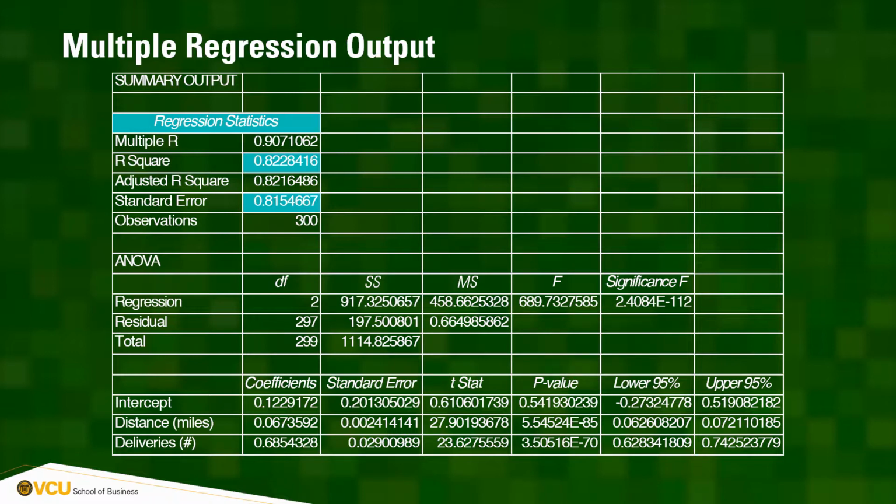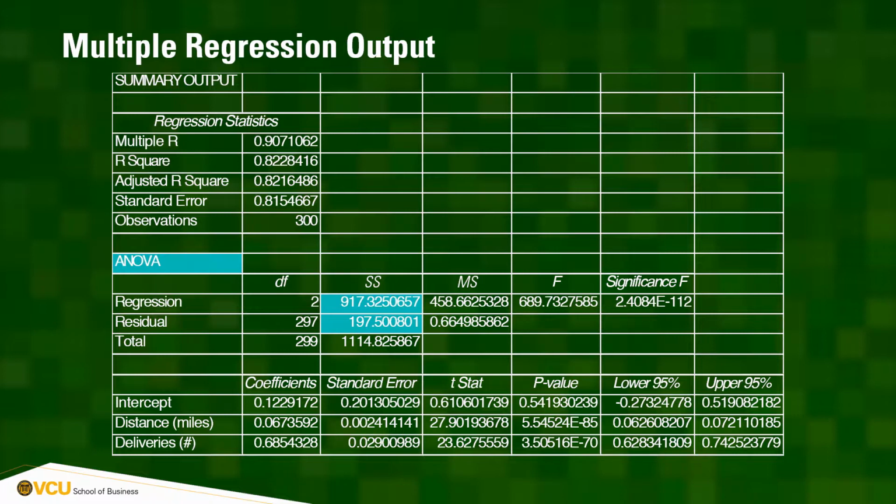The better precision of the model has also made the residuals smaller, with a standard error of only 0.82 hours, down from 1.38 hours. This increase in precision is also reflected in the ANOVA table, where SSR, the sum of squares due to the regression, has increased, and correspondingly SSE, the sum of squares due to the residuals, has decreased.